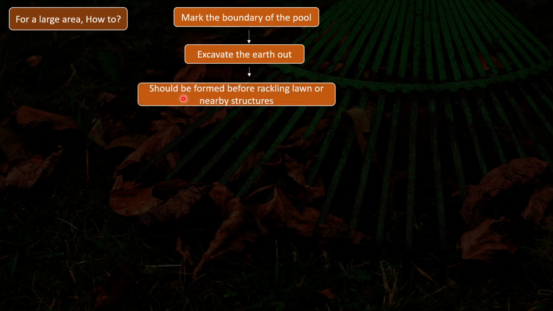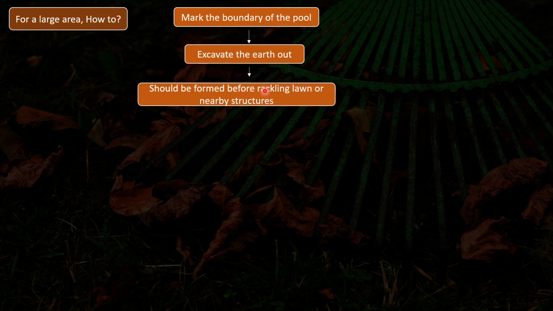And this should be done before laying the lawn or nearby structures. See this, if you have decided to make a pool in a big garden, that should be made before the lawn is made.